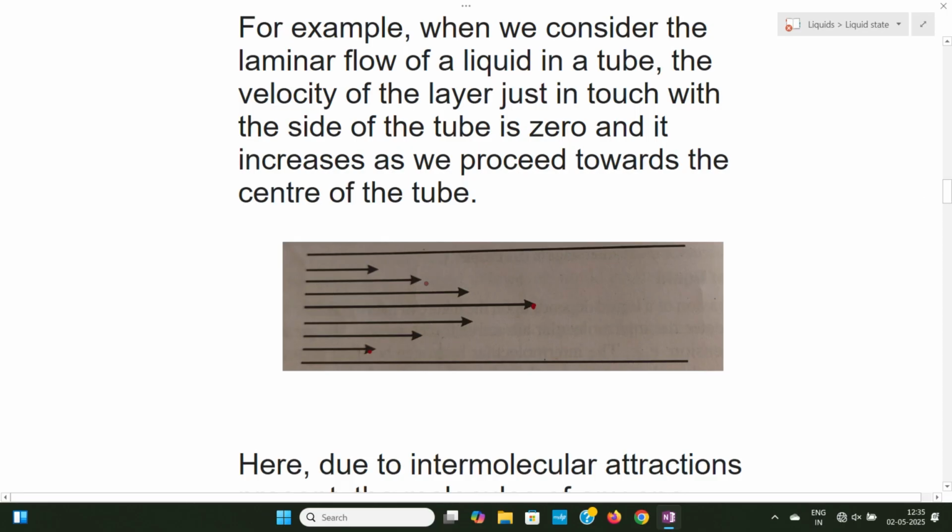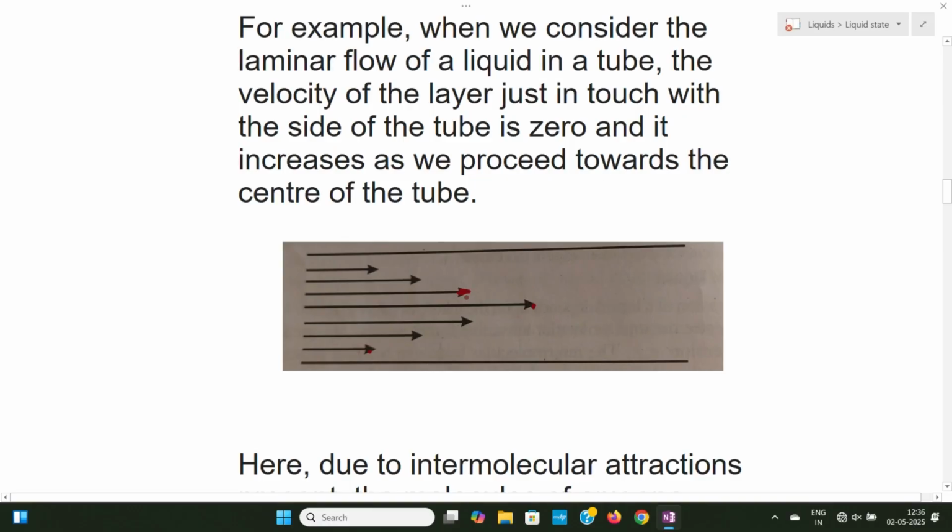If we consider this layer, its movement is affected by the movement of this layer and this layer. That is what it is telling here: because of the intermolecular attractions, the velocity of one layer is affected by the movement of the adjacent layer.